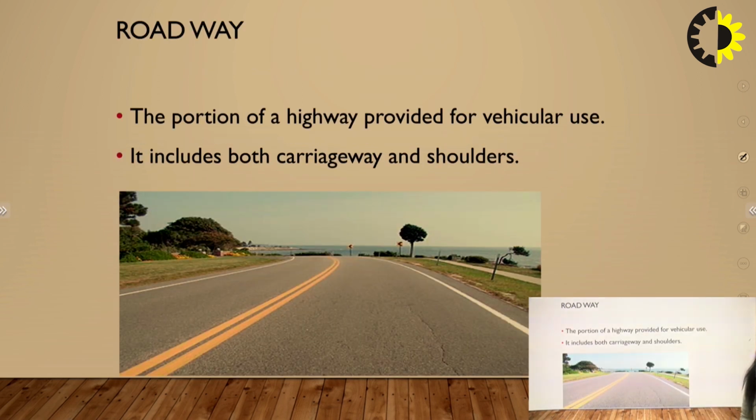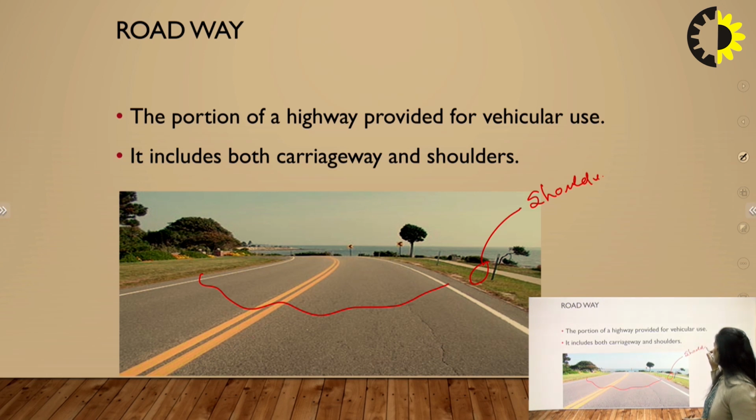Now, roadway. As you can see in this picture, this is your carriageway. Okay, this is your berm. You can say it as berm, or you can say it as shoulder. The word shoulder is a good term here.